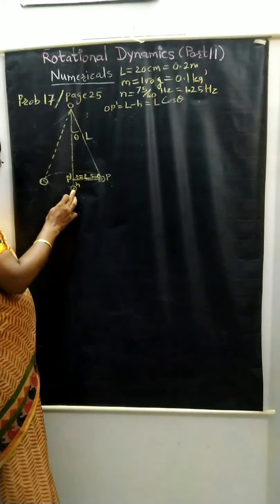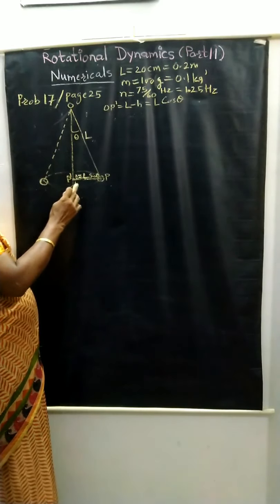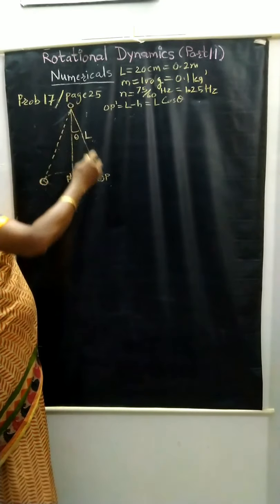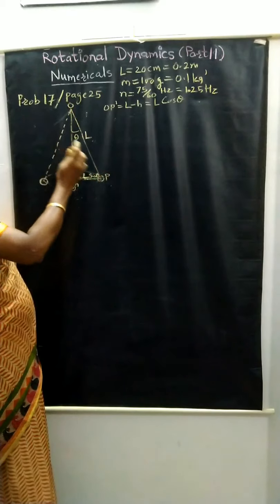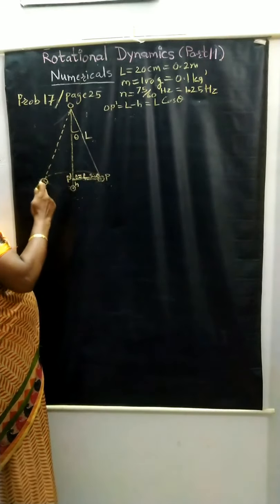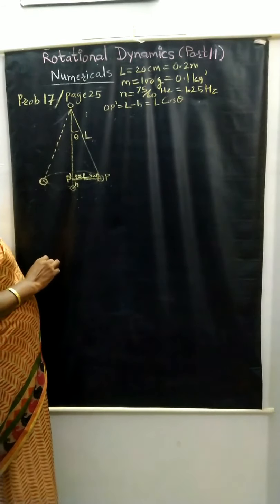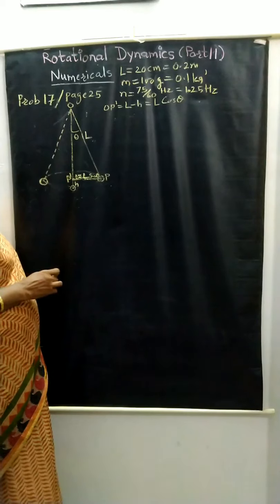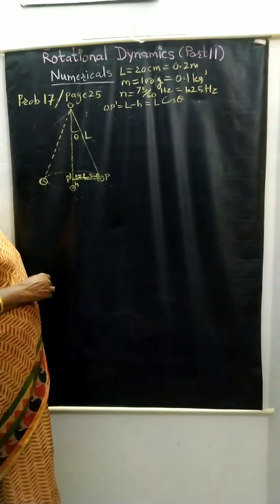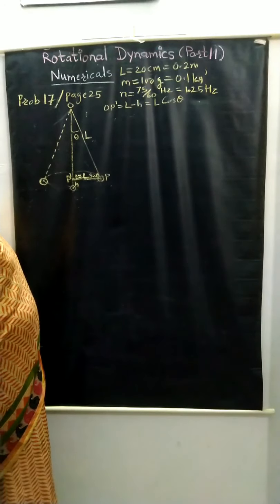But when it is given such a motion that the string describes a cone whereas the bob describes a horizontal circle, then it becomes a conical pendulum. In case of the conical pendulum, the kinetic energy of the bob of the pendulum is asked.